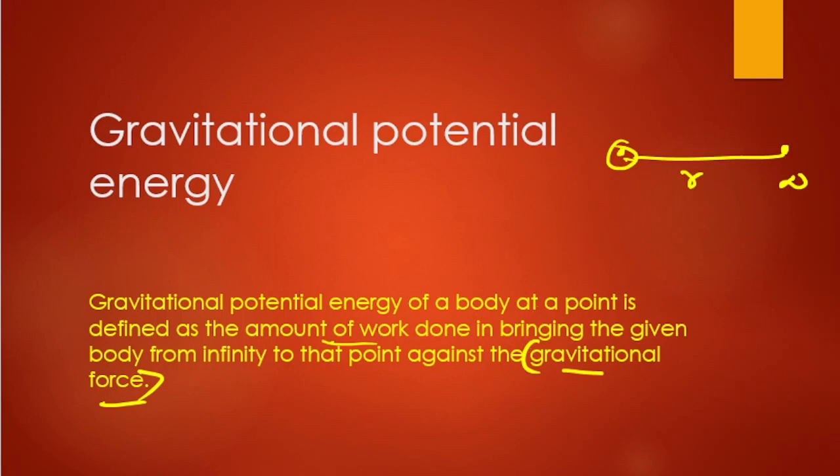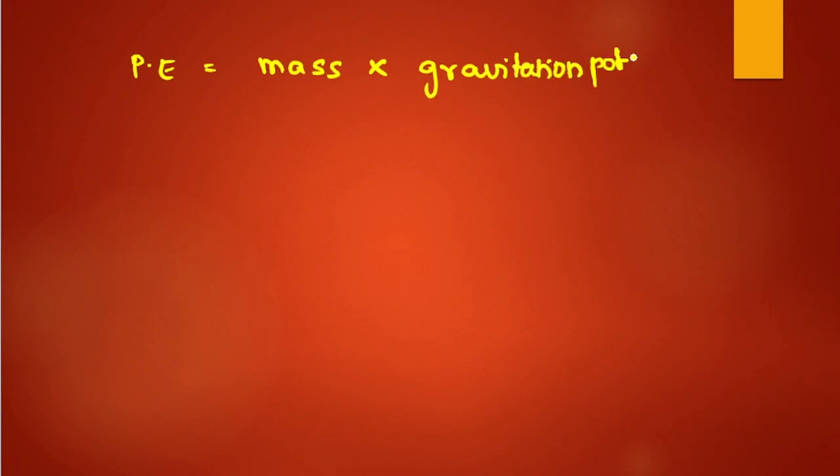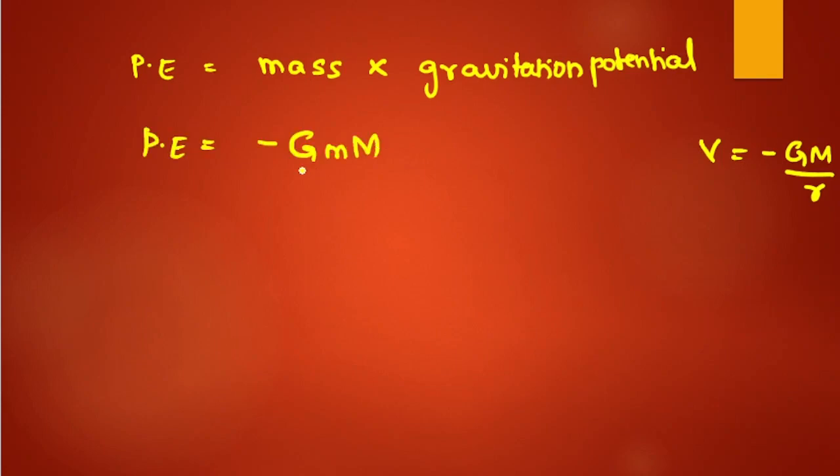Now your gravitational potential energy is equal to mass into gravitational potential. What do you know about gravitational potential? Your gravitational potential V is equal to minus G m by R, right? So your potential energy will be equal to minus G m by R. Why?